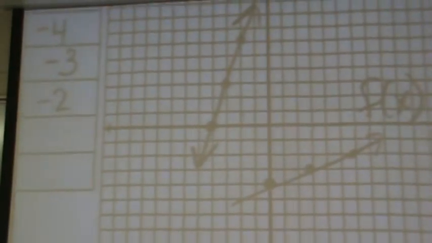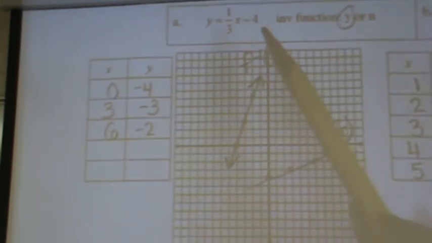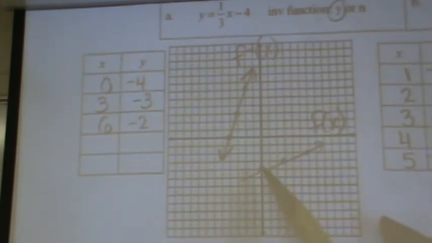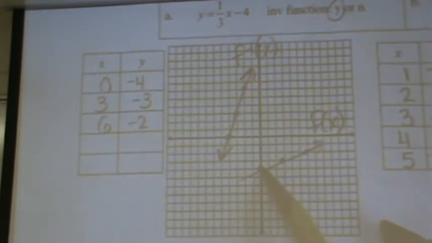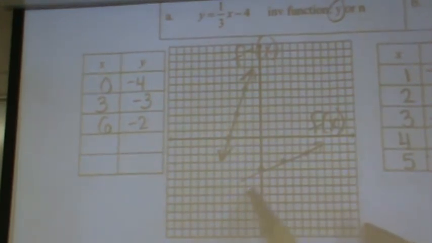For 15, very simply, how do you find the inverse of a line? Well, for this one, I just gave you a simple y equals 1/3 x minus 4. You begin at 0, -4, and you go up 1 and over 3, up 1 and over 3. I just took these 3 points, which I listed, and I switched them.